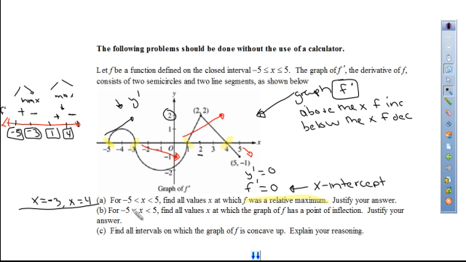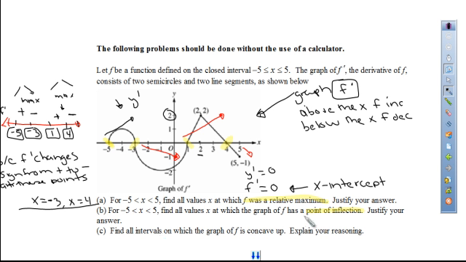Part B says for negative 5 to 5, find all values of x at which f has a point of inflection, and justify your answer. Your justification would be the same thing, because the derivative changes sign from positive to negative at these points. That would be my justification.